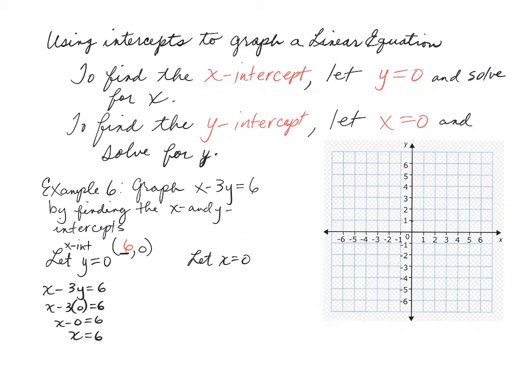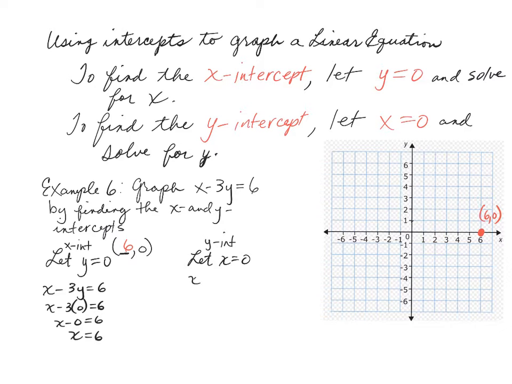Now I'm going to plot that over on my coordinate plane. 6 and 0, right there. Then I want to solve and find the y-intercept. So to find the y-intercept, I let x equal 0.